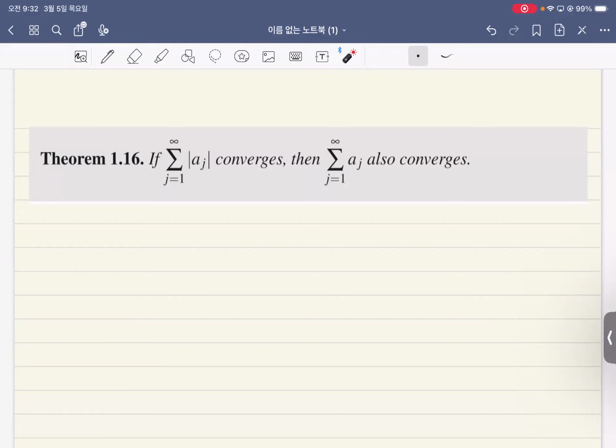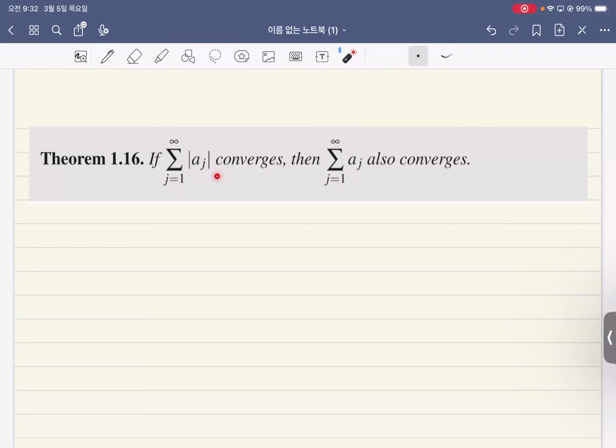Suppose that we have a series. This is the given series, and each term may be positive or negative. We can convert this series like this, and this new series is obtained by taking every term by its absolute value.